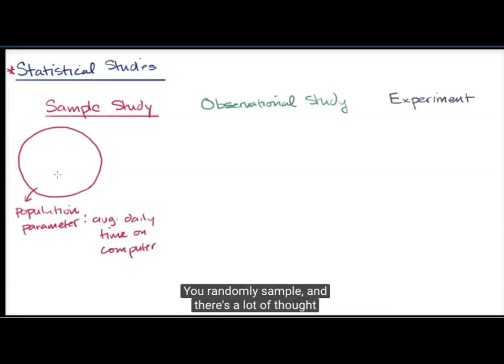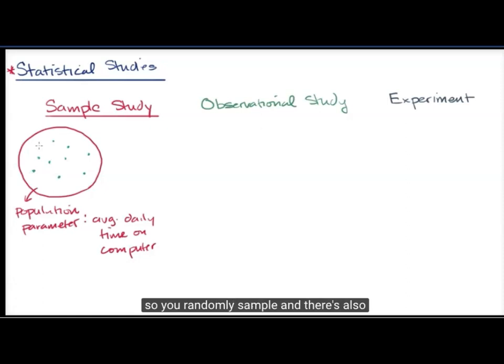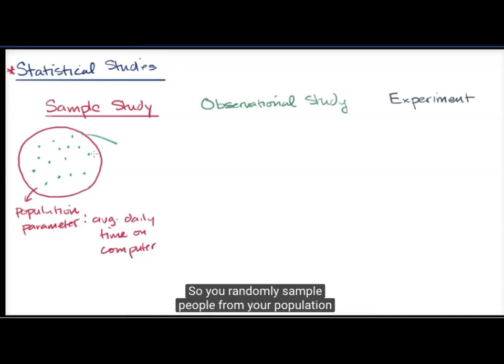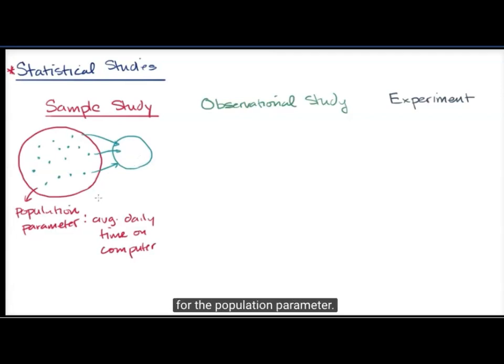You randomly sample, and there's a lot of thought in thinking about whether your sample is truly random. So you randomly sample, and there's also different techniques of randomly sampling. So you randomly sample people from your population, and then you take the average daily time on a computer for your sample, and that is going to be an estimate for the population parameter. So that's your classic sample study.